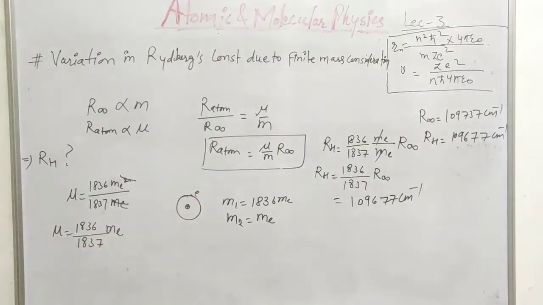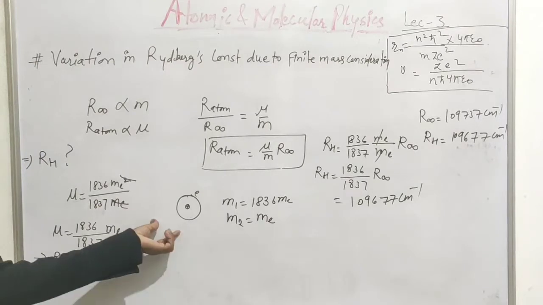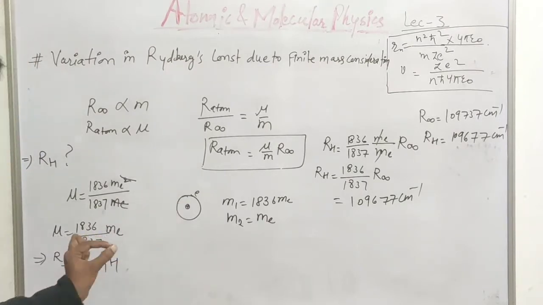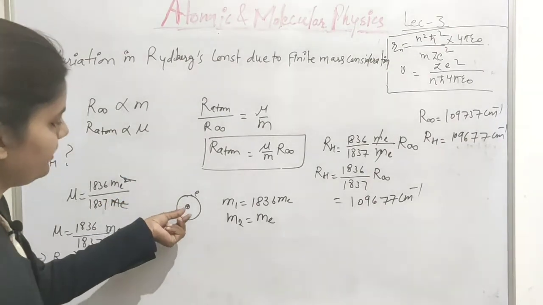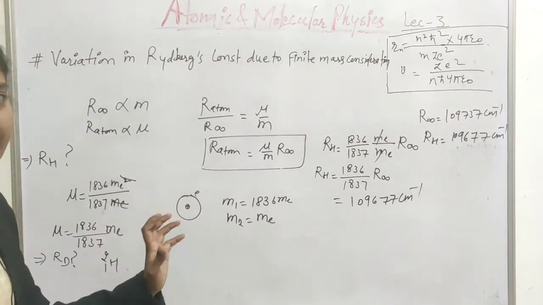Next, let us find RD for the deuterium atom. You know that deuterium is 2,1H, meaning the nucleus of deuterium contains one extra neutron. You also know that the mass of proton and the mass of neutron are nearly equal.